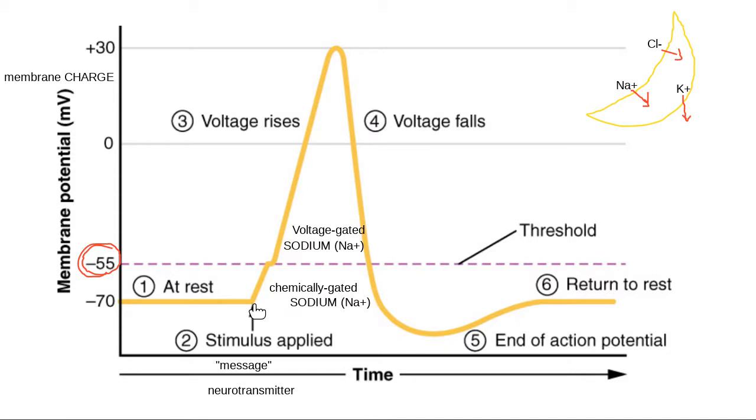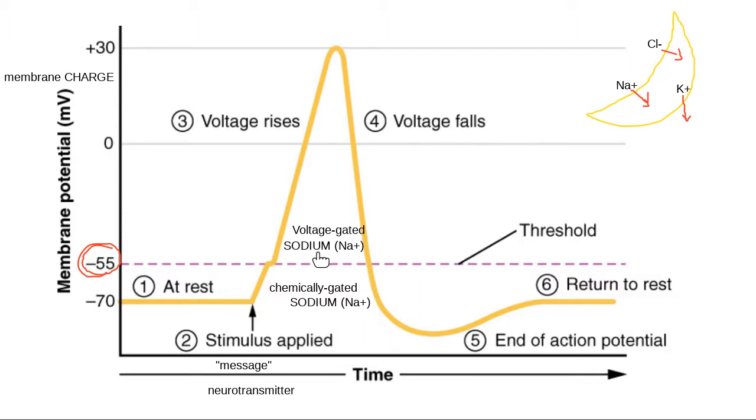When we're down here at -70, these ones are like, I'm closed. If we can bring in enough positive charge to get the membrane up to -55, my kinds of gates that open with charges, my voltage gated sodium channels, they'll open up. Hey, it's still a sodium channel.